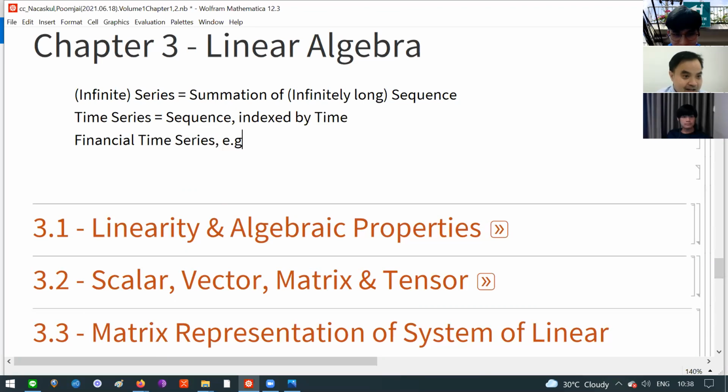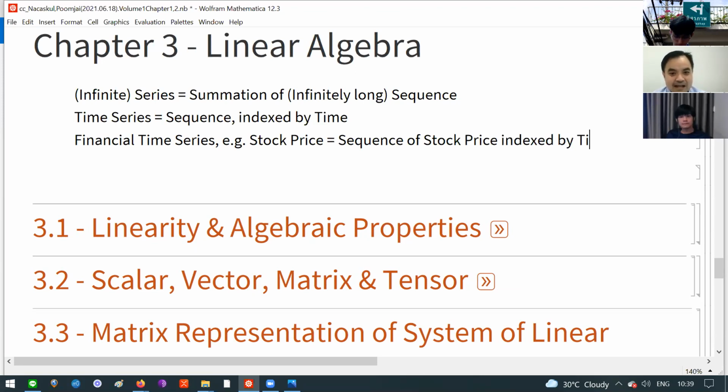Stock price is a sequence of stock prices in time, indexed by time. In other words, you have the price of stock today, yesterday, 5 months ago. That's a sequence of stock prices. But the reason it's allowed to be called a series is because of the way it's constructed.